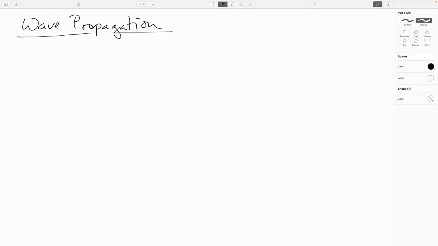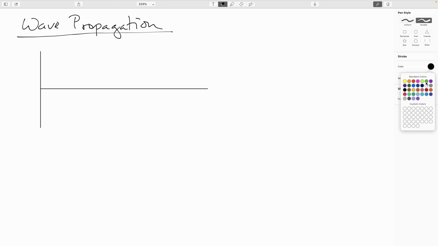So with all of that as background here, I want to talk about how to describe the propagation of a wave. It turns out that a wave can look like any function you would like. So I'm just going to draw some sort of arbitrary thing like that and say that this is a snapshot of my wave at time 0.